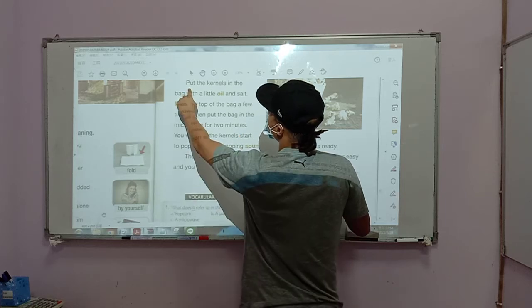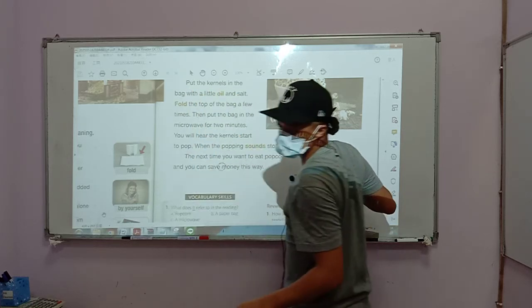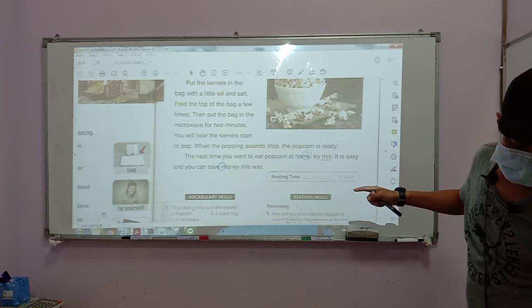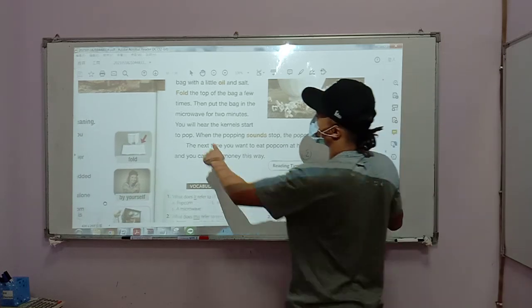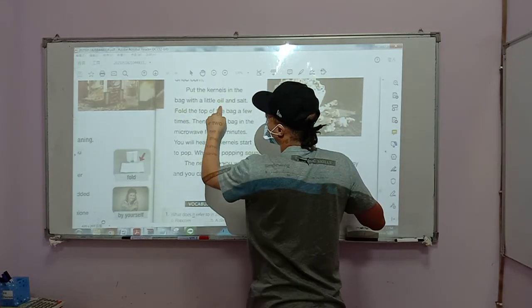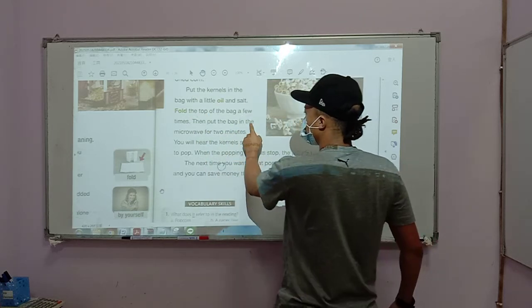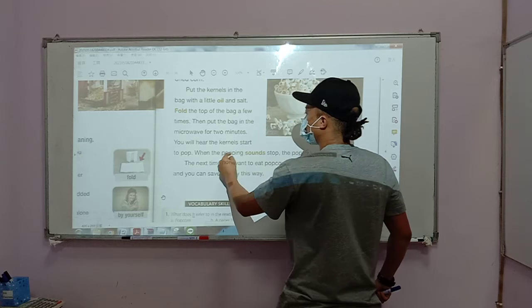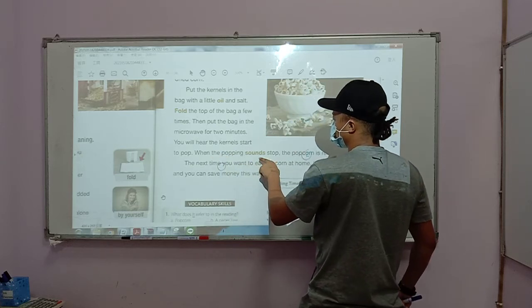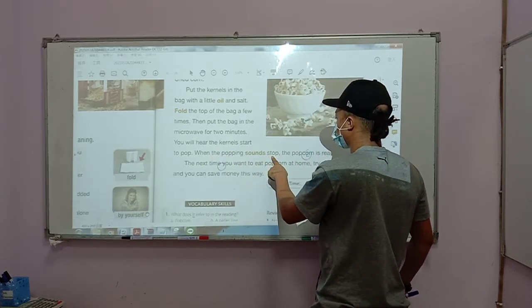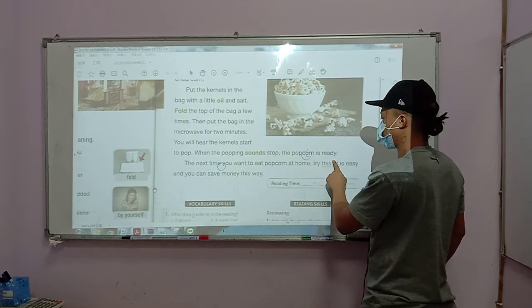So what they are saying is all of these steps over here, okay? So all of the steps to making the popcorn. Put the kernels in the bag, fold the bag, put the bag in the microwave, hear the kernels, and then they will stop making a popping sound, and then the popcorn is ready.